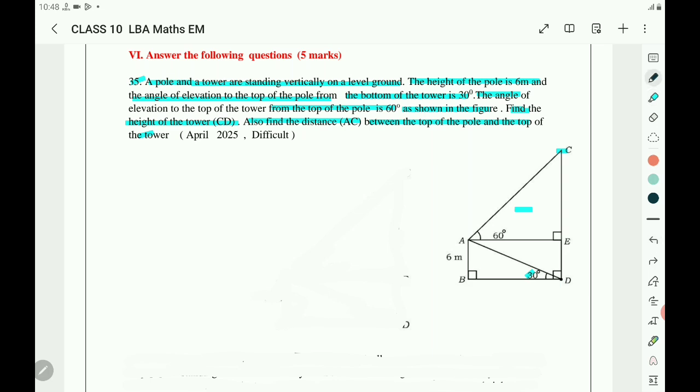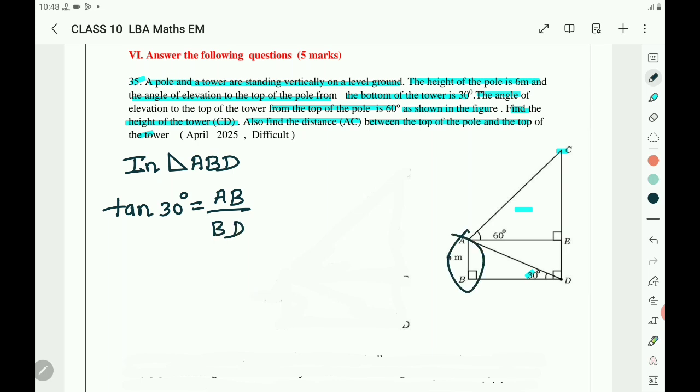Then you write, in the right angle triangle ABD, tan 30 degree equals opposite side AB by adjacent side BD.